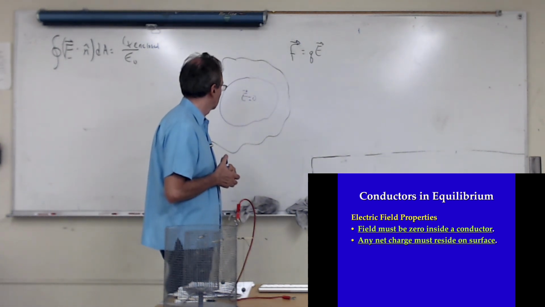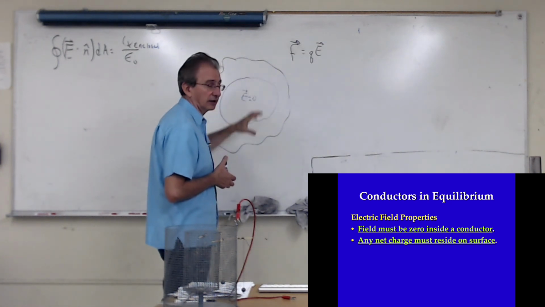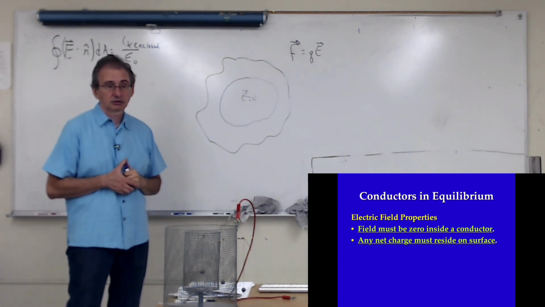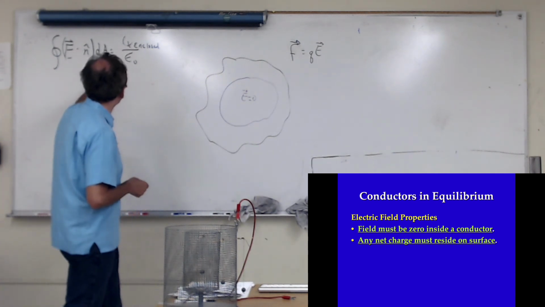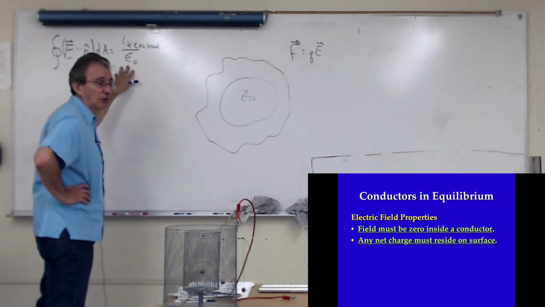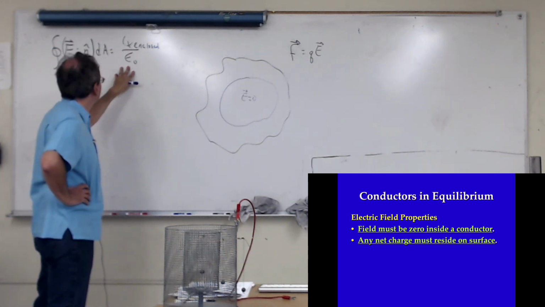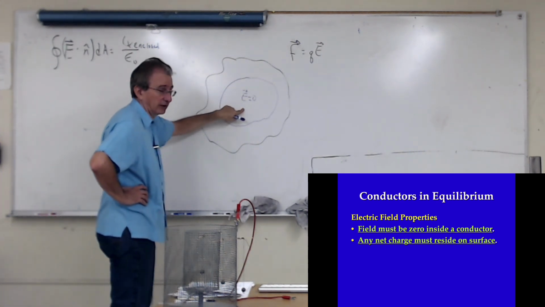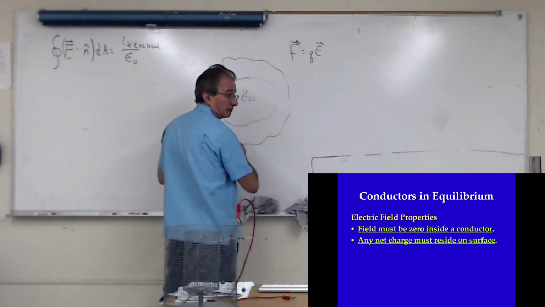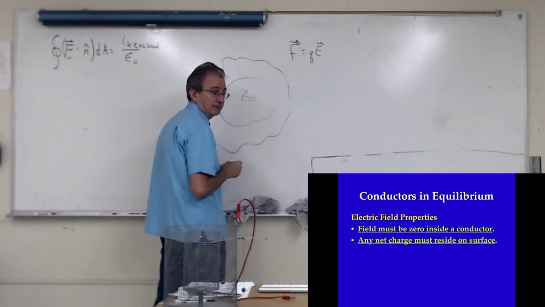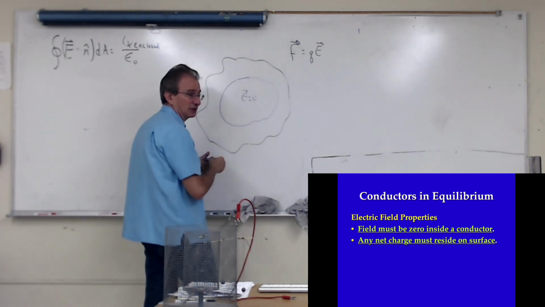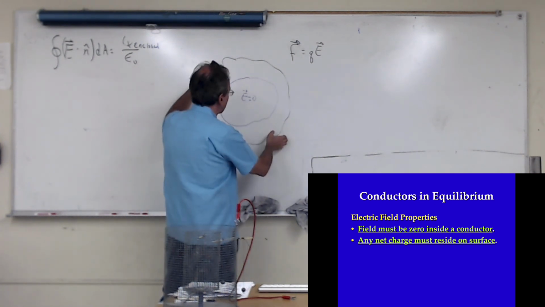E has to be 0 everywhere inside here, so this integral has to be 0, no matter what. And the only way to satisfy that in any case is that the charge inside has to be 0. You can make this Gaussian surface bigger and bigger until you get to the surface. Once you get outside the surface, the field doesn't have to be 0, but inside it has to be 0. So all the charge has to be on the outside of the surface.